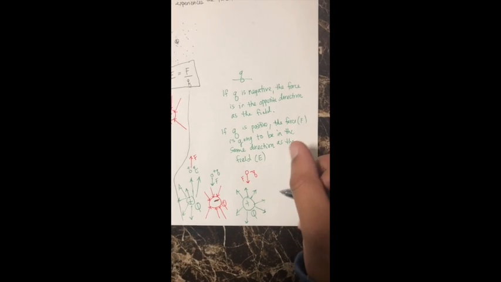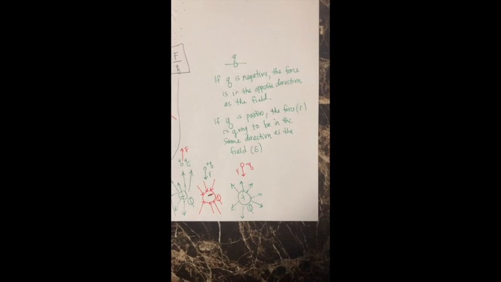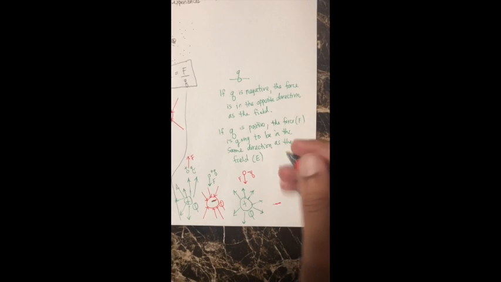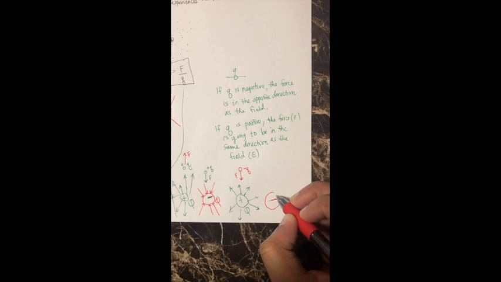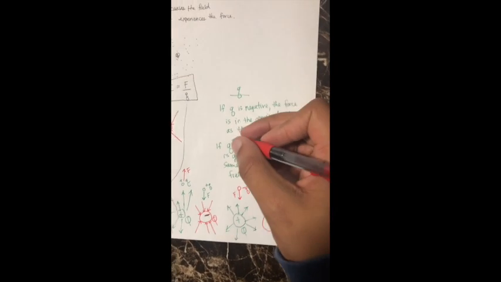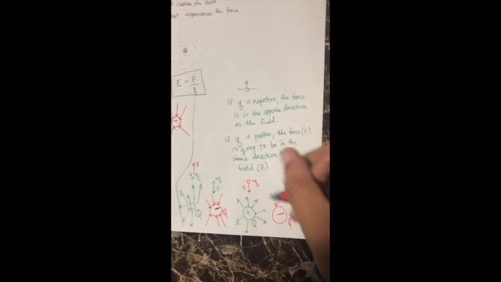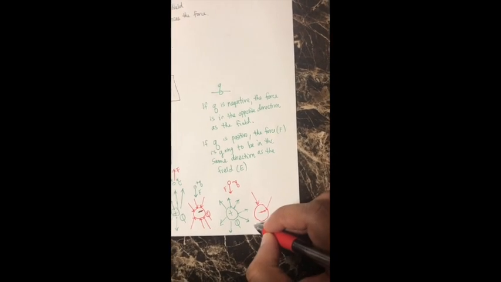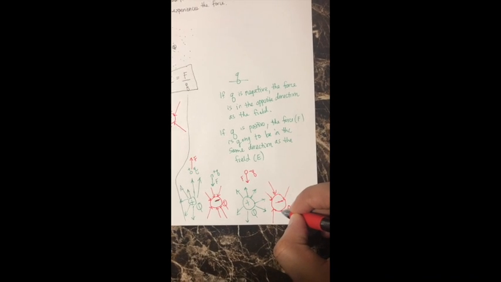Last one. Let's say I have a negative big Q. So we know the field for negative points in. I'm sorry for my picture skills, y'all.